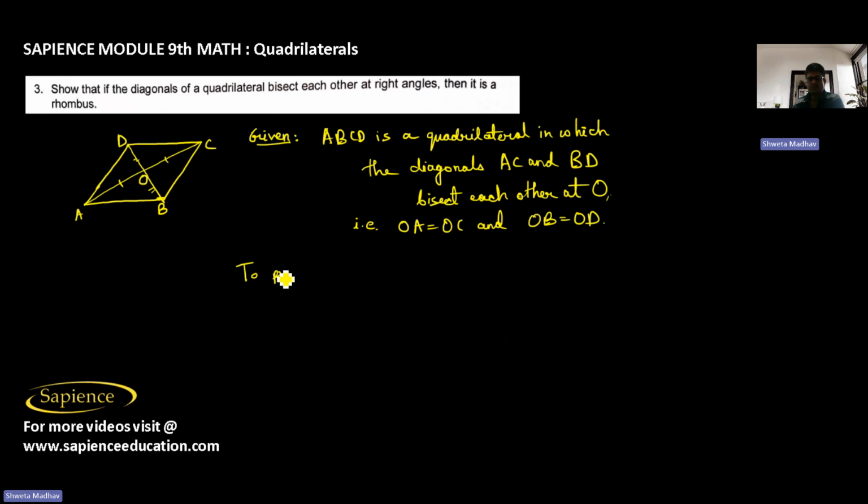Then we have to prove that ABCD is a rhombus.